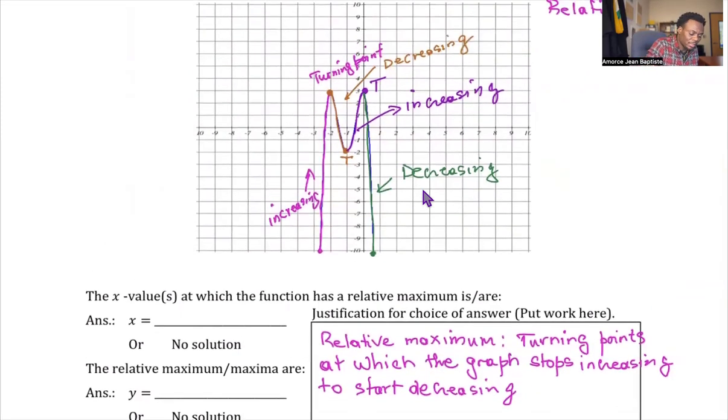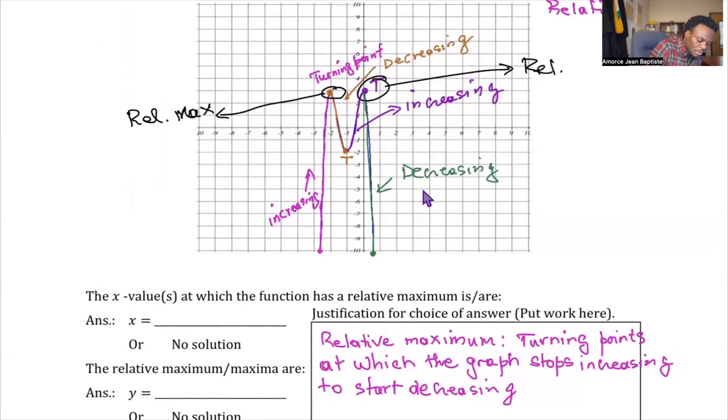We can tell that this is a relative maximum, and then this also is a relative maximum, because you can see you go from an increase to a decrease. That's why it's a relative max. Here we go from an increase to a decrease. It's a relative maximum.